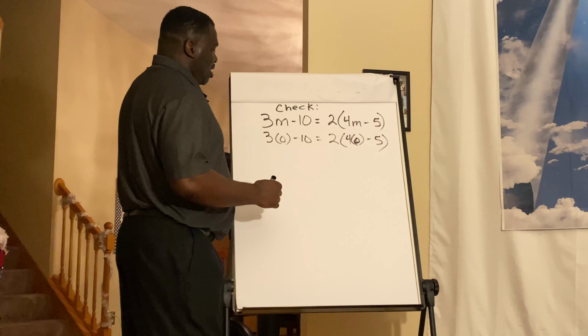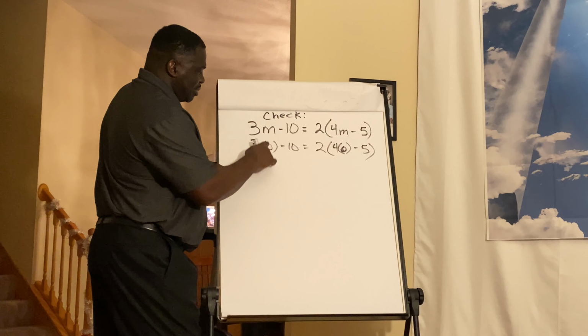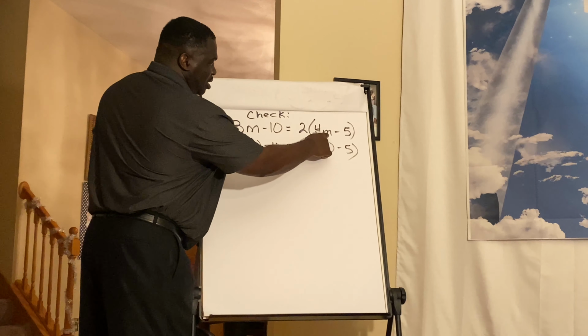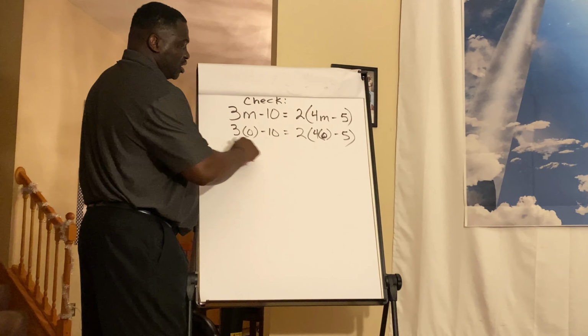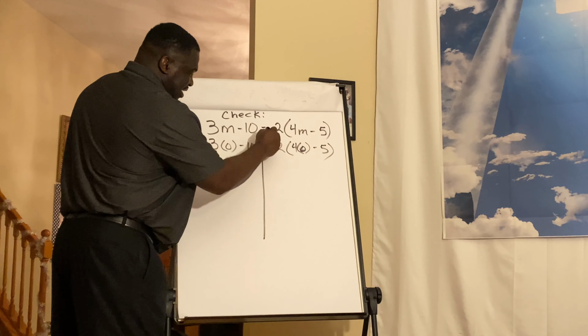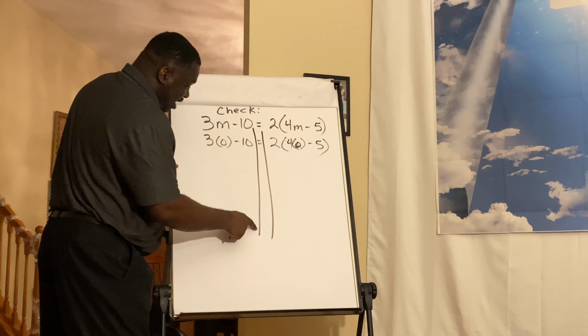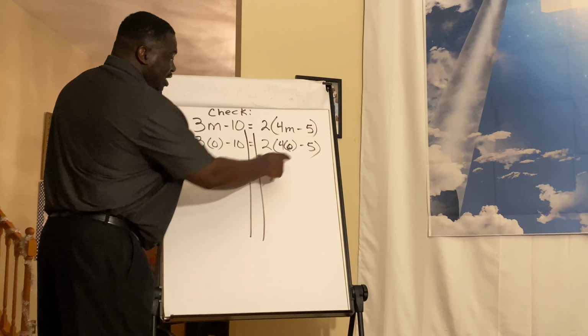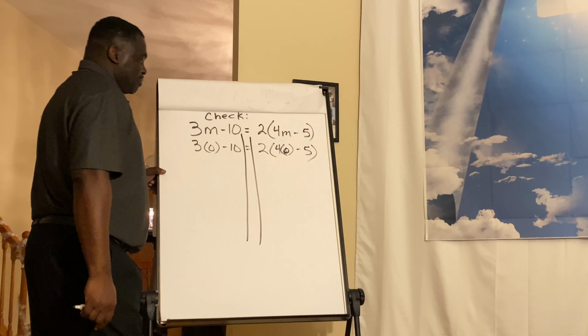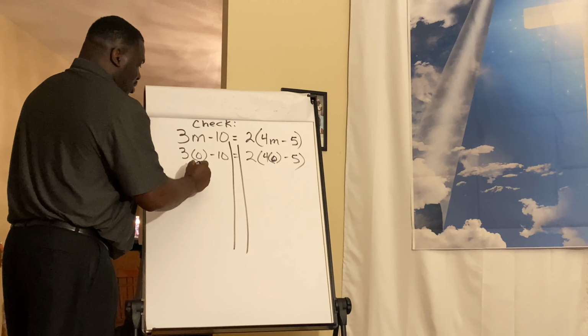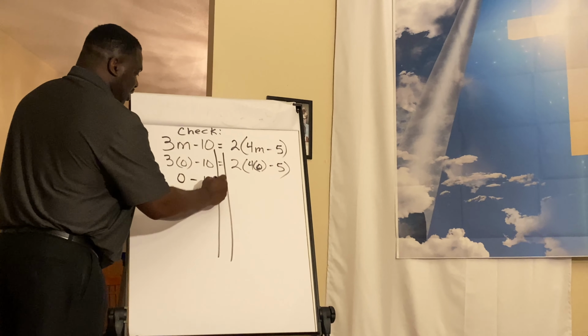So now, where we see m, we plug zeros in. Where you see m, you see 0. So now we're going to check. We need to see if this side equals that side. So we're just going to go straight down to deal with this side, straight down to deal with that side. So 3 times 0 is 0, minus 10.